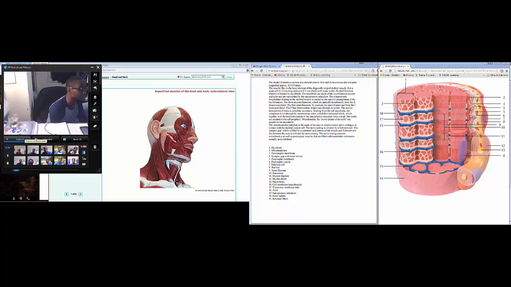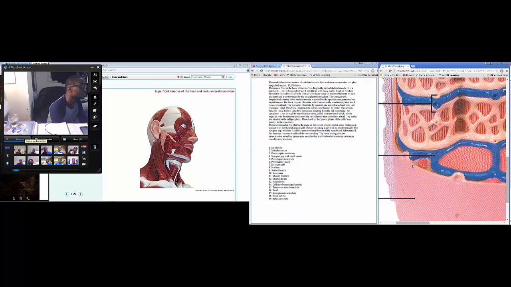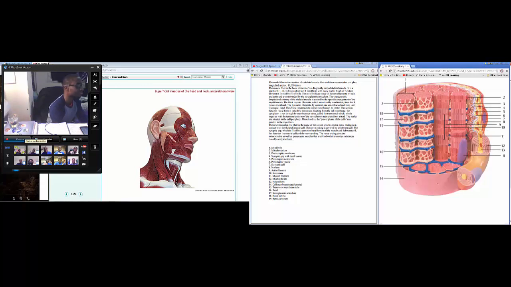The transverse tubule is right here, number 15. This is the transverse tubule. You can take a closer look right here, as you can see. Okay, I'm gonna get out of there because it looks way too big. Okay. Now next thing we're gonna do is talk about the mitochondria.